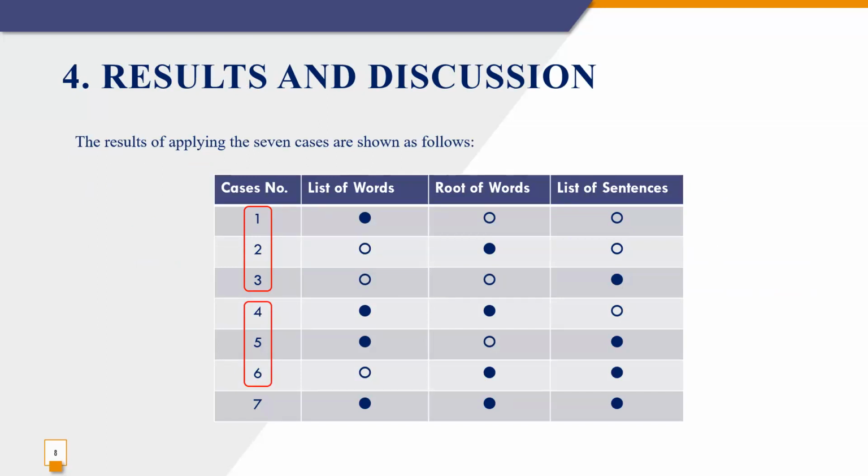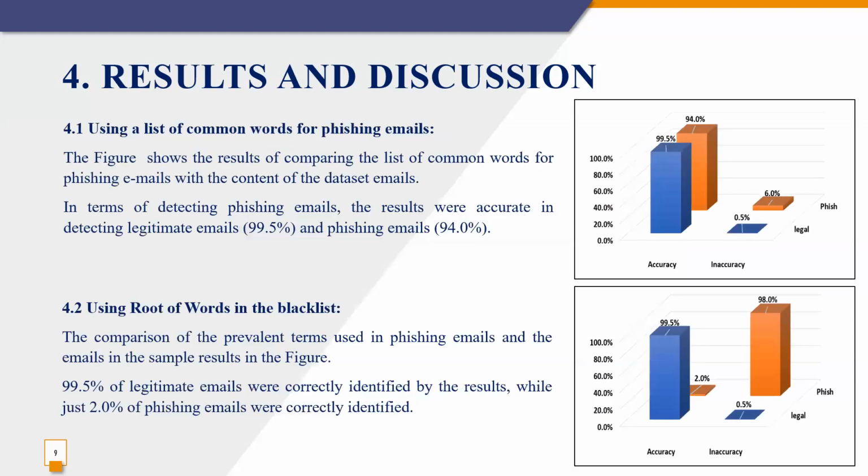The second one was the root of words. The third one was for the list of the sentences. In cases 4, 5, 6, we will use two approaches together to get the results. And the last one, the 7th, we will use all three methods to get the perfect results.